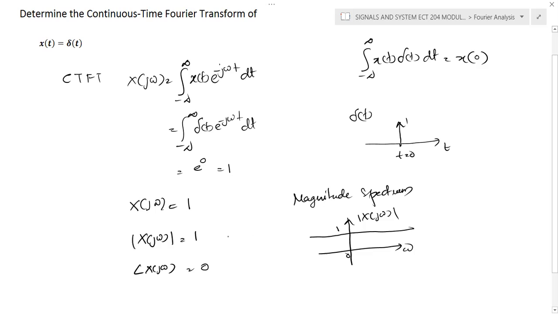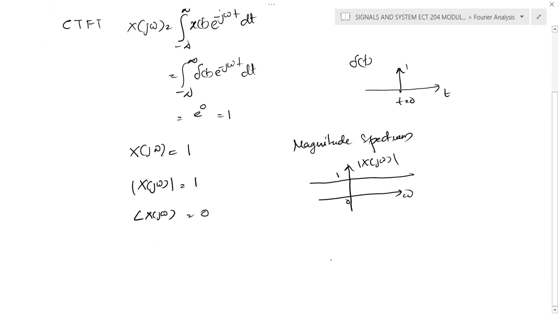It's always 1 irrespective of omega. And if you plot the phase spectrum for different values of omega, angle of x of j omega, it's simply 0, always 0.